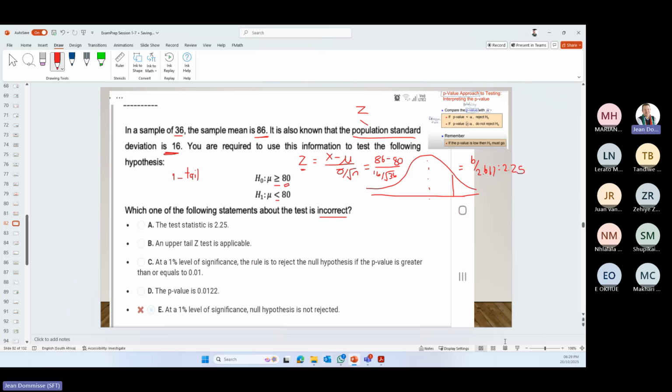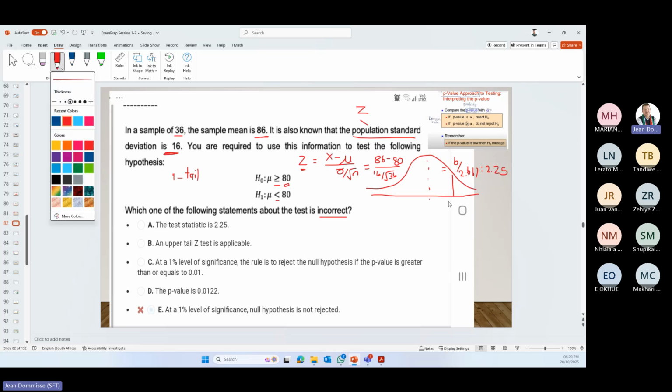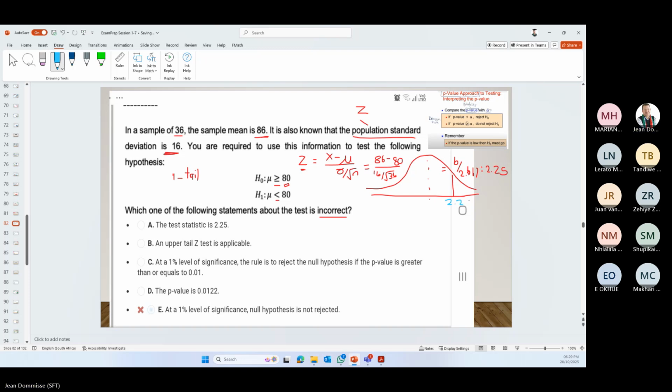Okay, 2,25. So we're going to check if it is bigger than that, as they told us. So already you can see we're working with a one tail. That one tail is an upper tail because it is positive.